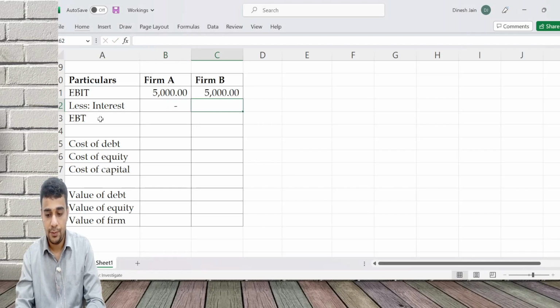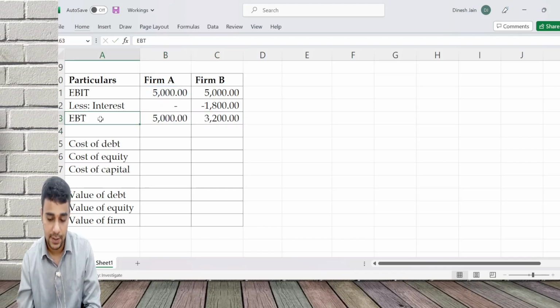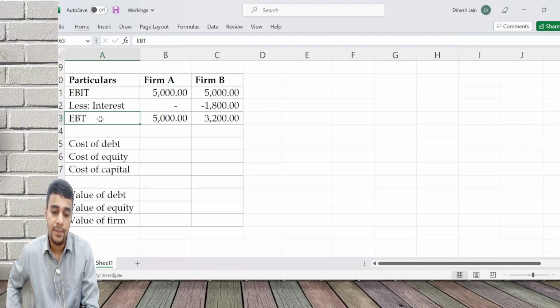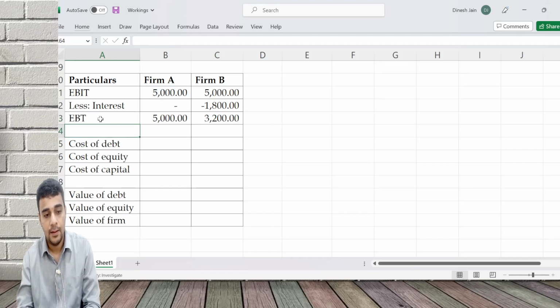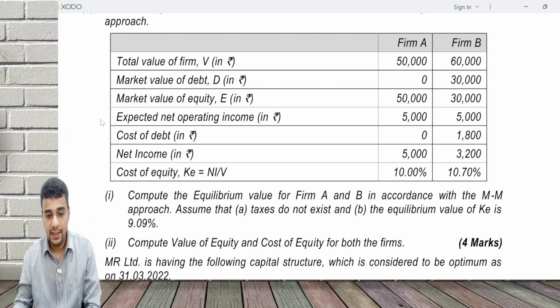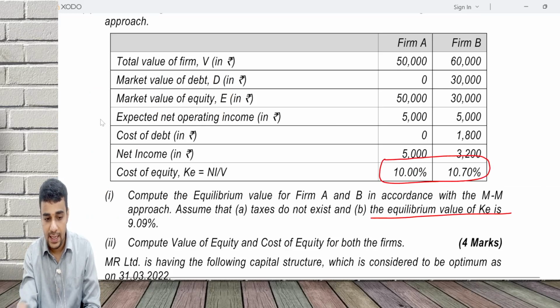Interest is 0. Cost of debt in rupees is nothing but interest. EBT is nothing but net income here. Tax is not there. Net income means PAT. They have given cost of equity, but this is traditional approach, so I cannot use this. They said equilibrium value of KE is 9.09.